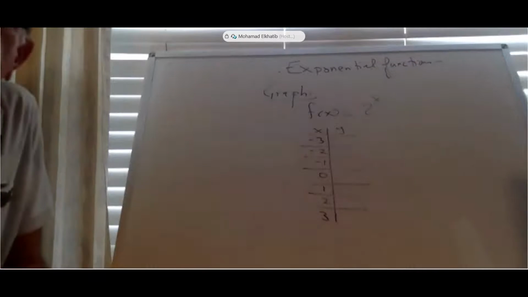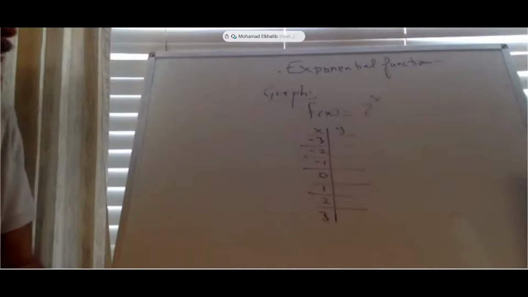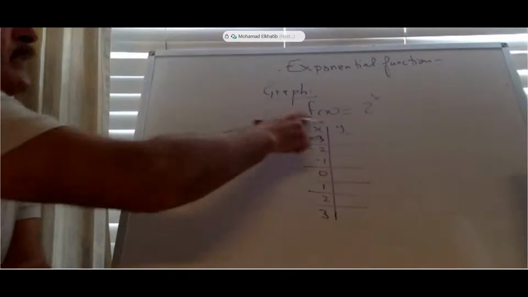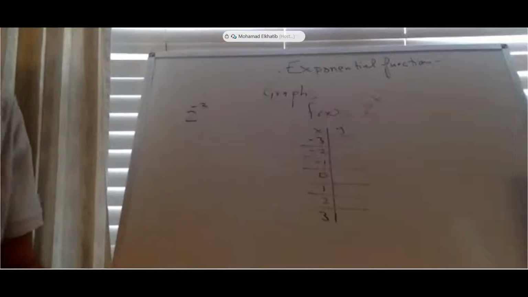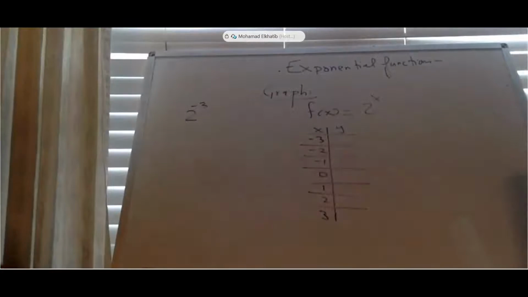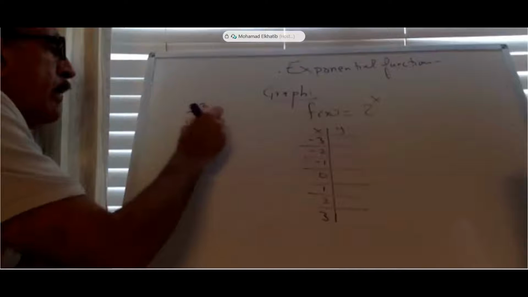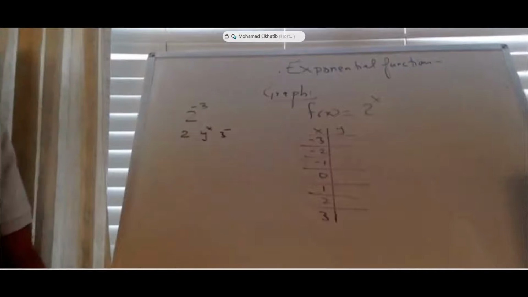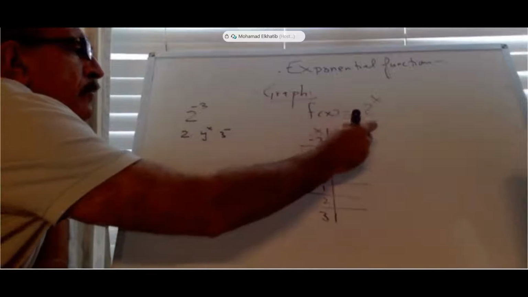That way I want to know what the graph looks like. Okay? Now I'm going to go to my calculator. Okay, x is -3. So everywhere I see x, I'm going to put -3. So how do I do 2 to the -3 on the calculator? I do 2, y to the power x, 3 negative, right? And if you do that, you should get 0.125.